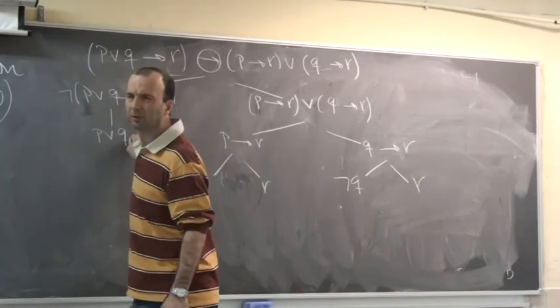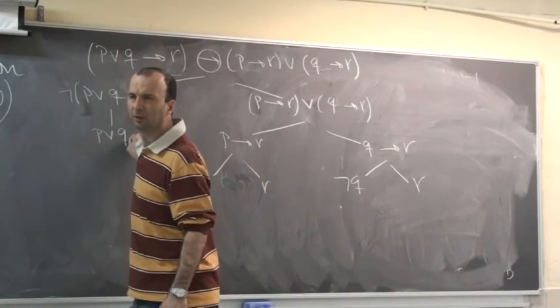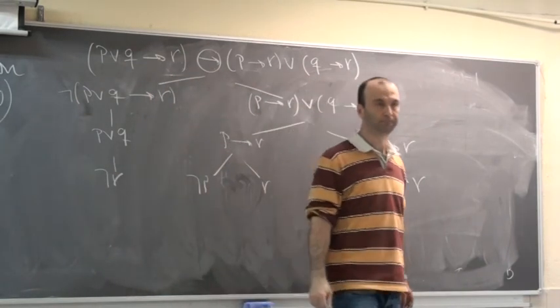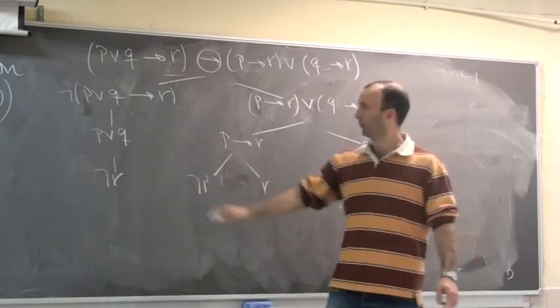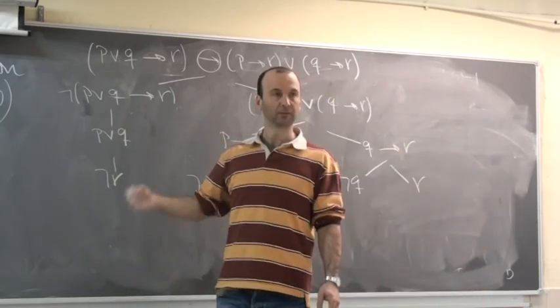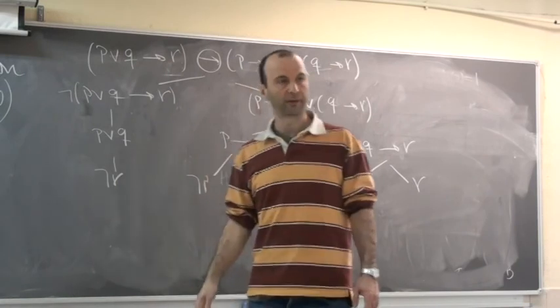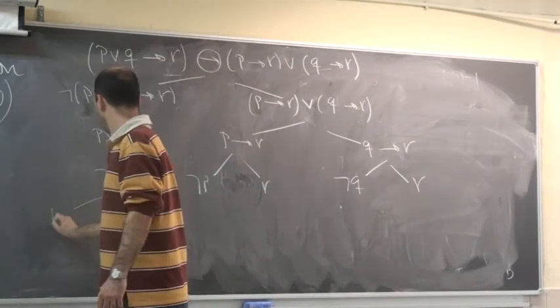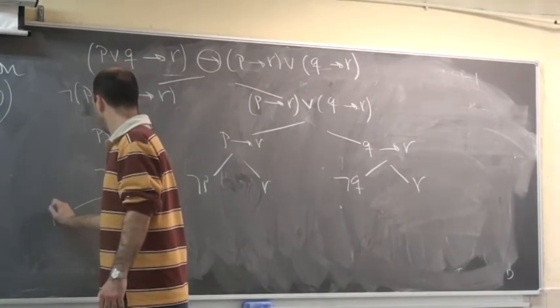P or Q? Yeah. Because this is an or, and I have the negation of an or, De Morgan's law, that's a conjunction. Then I have Q.